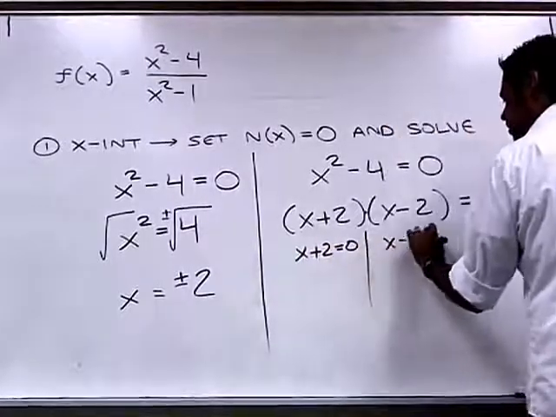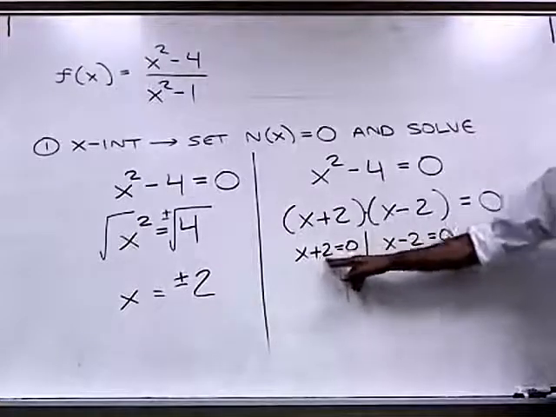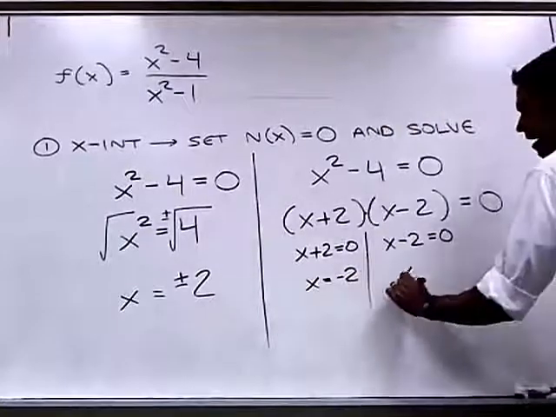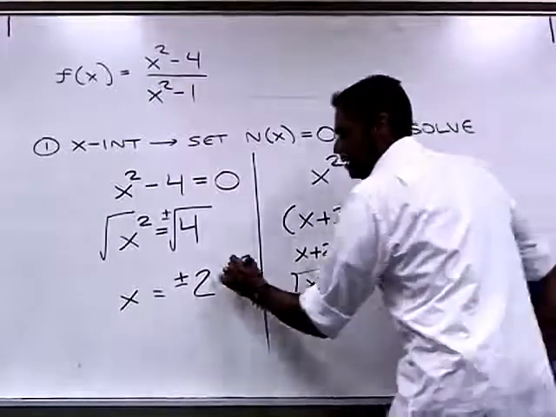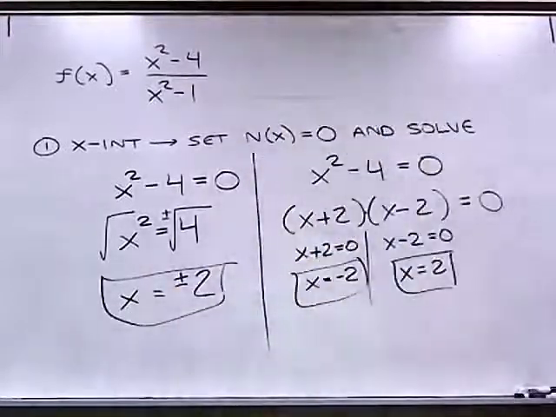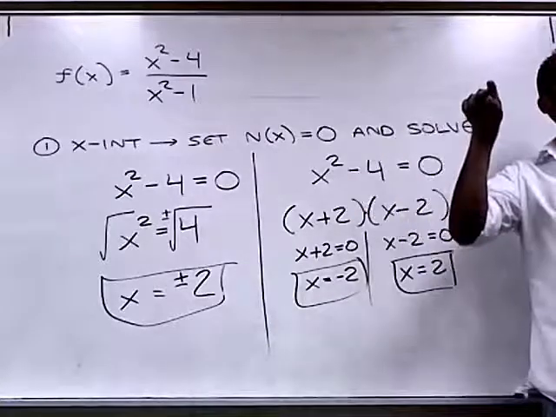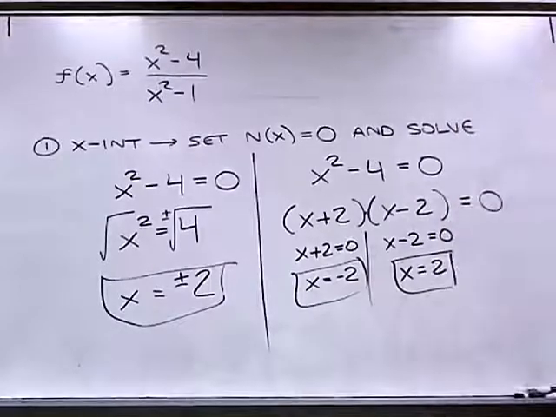X minus 2 equal to 0, solve that. So for this one, we subtract 2 on both sides. We get x is negative 2. We add 2 on both sides. X is 2. And so you get the same two answers that you did over there, right? Okay, so we have two x-intercepts. On our graph, these are going to be points that are on the x-axis, right? All right. So now we move on to the next step.